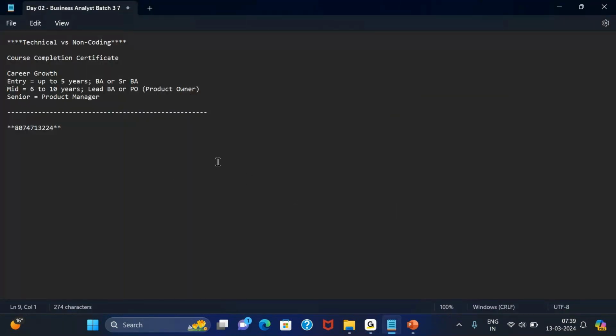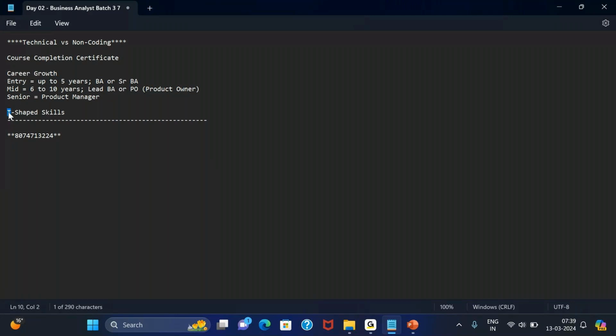Yeah, Rahul asks, why do we need to know SQL as a business analyst? Okay, good question. We are constantly moving into an era where T-shaped skills are mandatory. So what is this T-shaped skill? If you look at the structure of a T, there is a horizontal bar at the top.